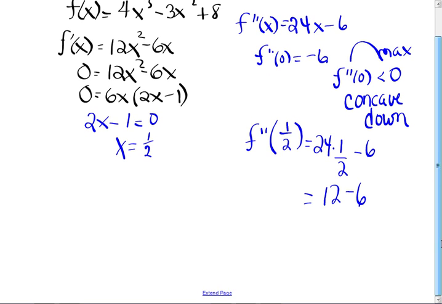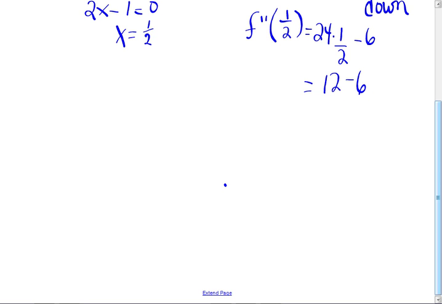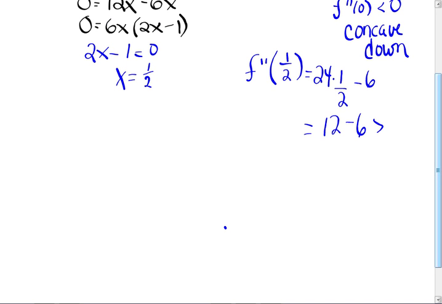So it's positive. That's right. So concave up. You would say because f double prime is greater than 0, therefore a minimum.